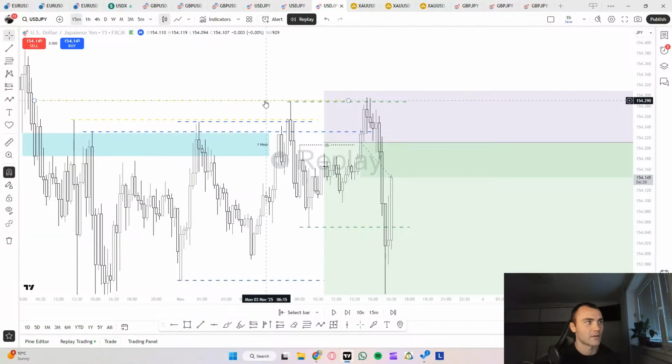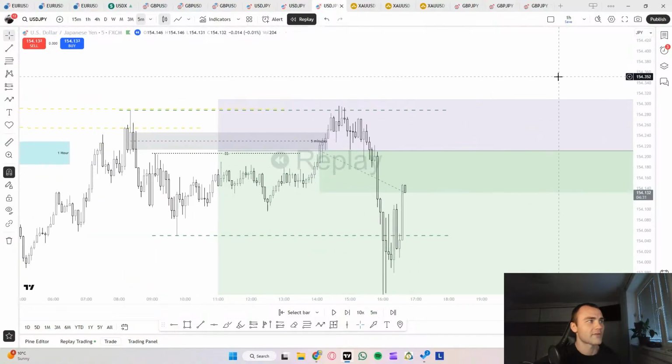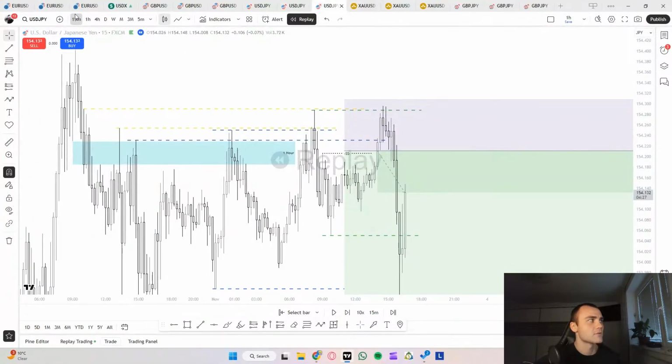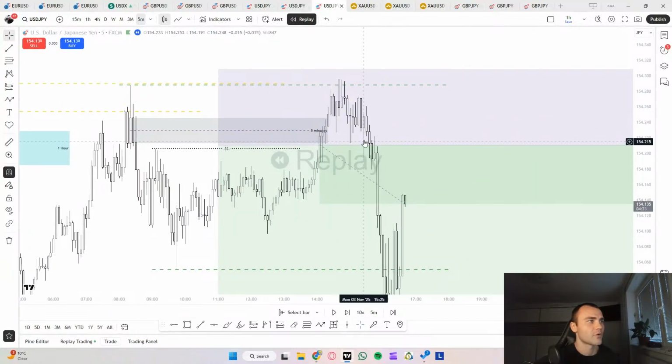Then we got a liquidity swap, a fake break of structure, as I call it. And on the next lower time frame, we close right back, or basically also in this time frame. But I use this time frame for a better entry point. On this time frame, we close right back in the range, right, and made a judge.